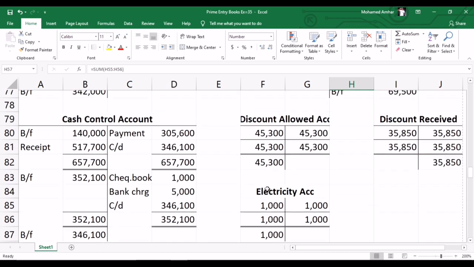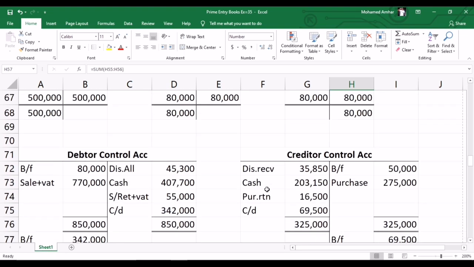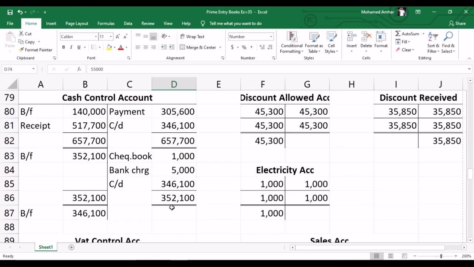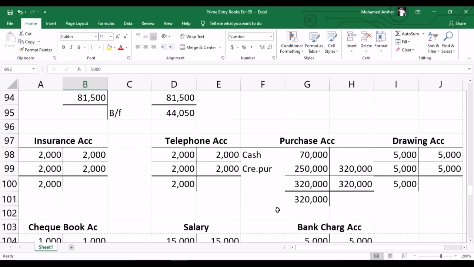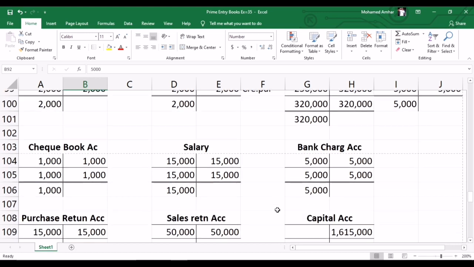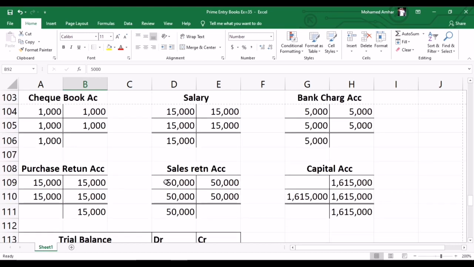Yes, debtor account should be credited here 55,000, and VAT account should be debited 5,000. Here VAT account debited 5,000, balance 50,000. Sales return should be debited here.